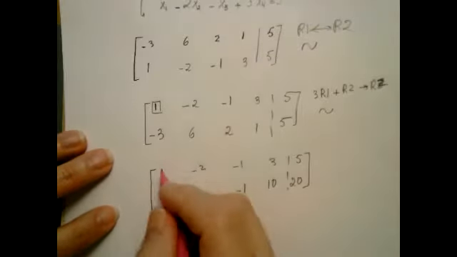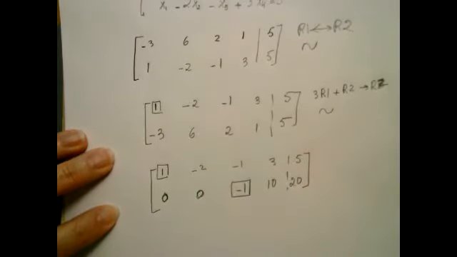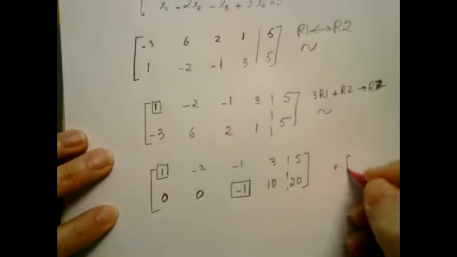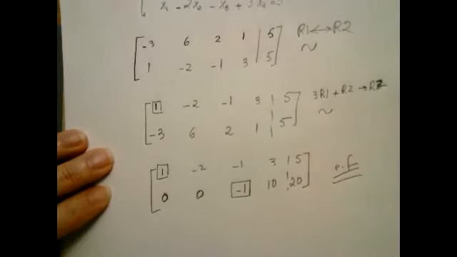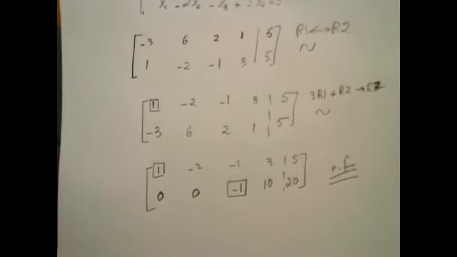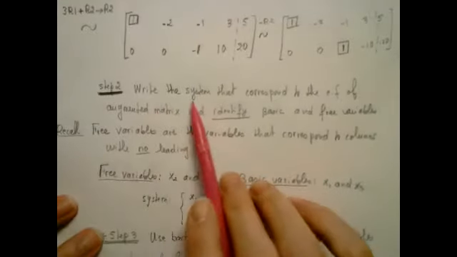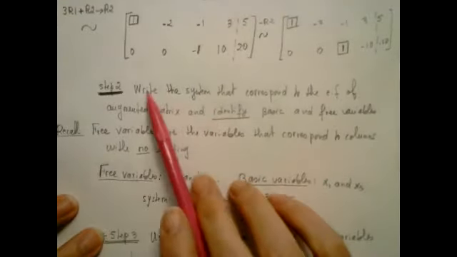Now at this stage, I am in echelon form. I can actually stop. Or we can go to the reduced form, but I will talk about that at the end because most of you stopped at this stage, so I will stop at this stage. So now what do we do after that? Step 2 is the following, and I want to make this very clear. That's the solution that you have on Brightspace.